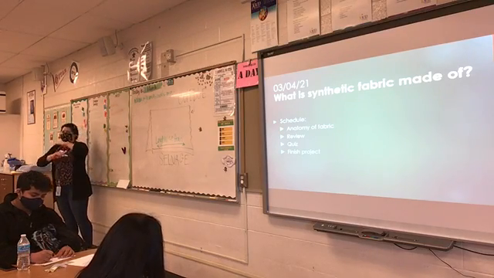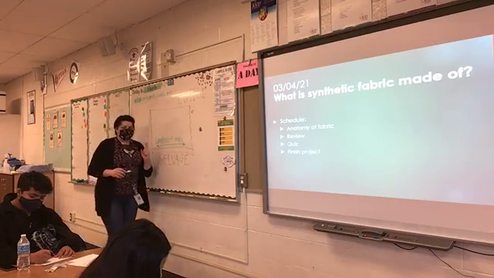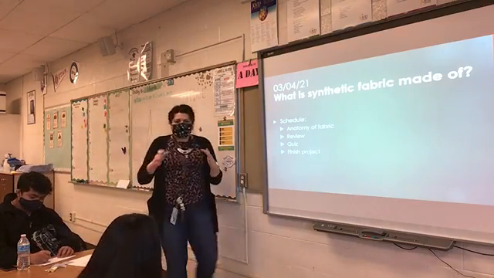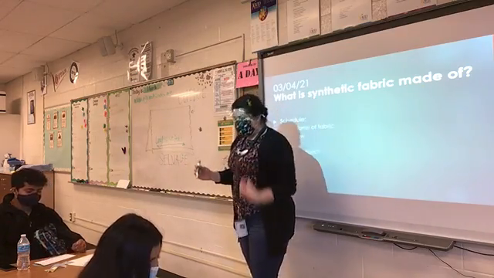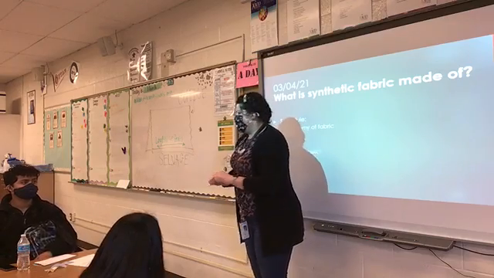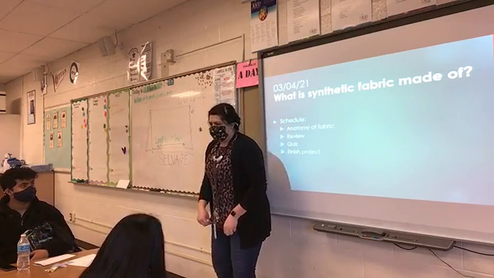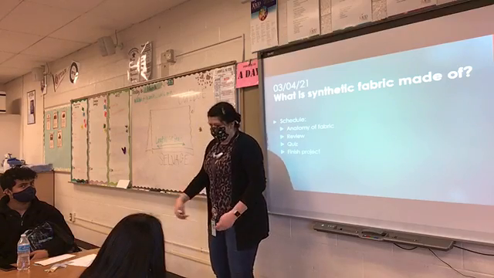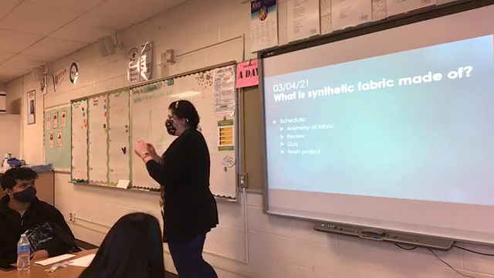Lengthwise grain is the least stretchy part of the fabric. Why? When cutting out something, this is what's going to run down the length of your body. We want this to be the least stretchy, because if you ever bought a shirt and it slowly got longer and longer, and you're like, this shirt does not fit anymore, that means your shirt was not put on the grain.